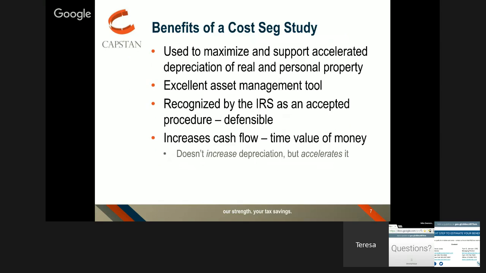Well, you can go back to your report and see what we valued that boiler at, reduce the amount that you've already taken as depreciation, and actually write off the remaining balance in the current year. So this report has a pretty long shelf life, because it sets you up with all the data that you need, not only to accelerate depreciation, but also if you want to continue to invest in the property and potentially write off assets in the future, you could use it in that way as well.